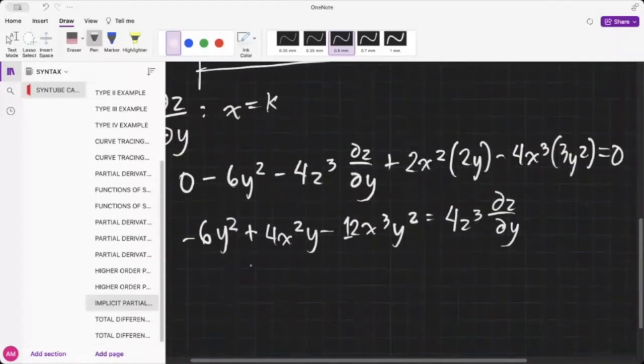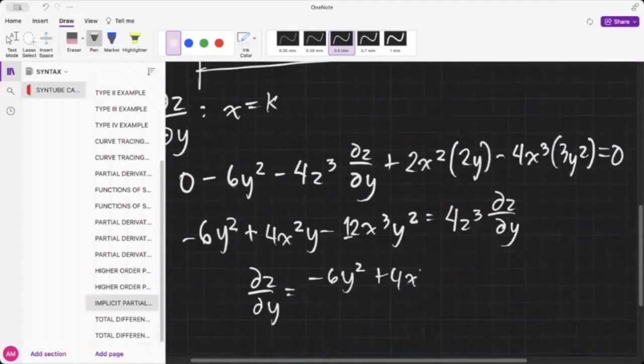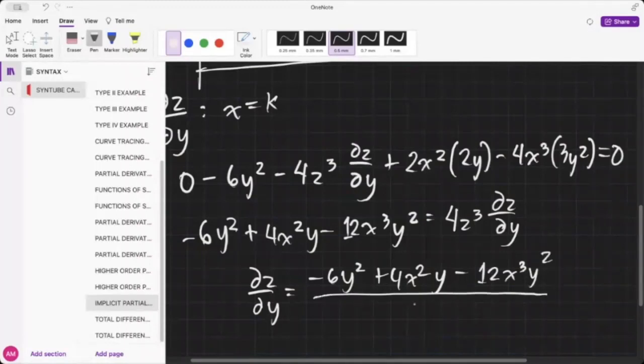So, isolating this, you'll get the final answer: negative 6y squared plus 4x squared y minus 12x cubed y squared all over 4z cubed.